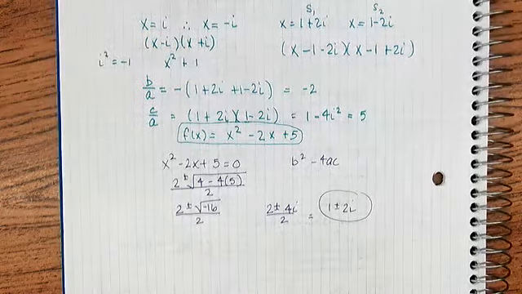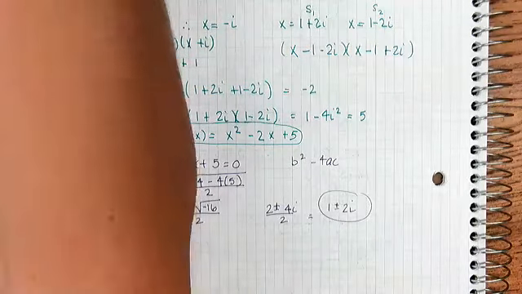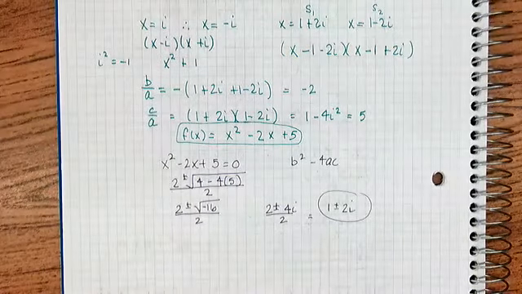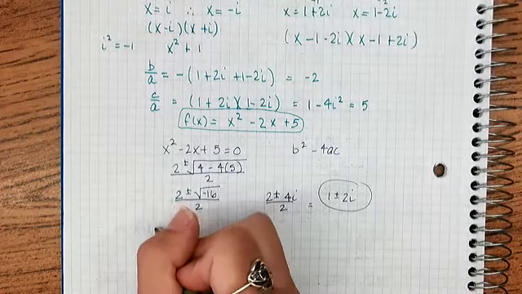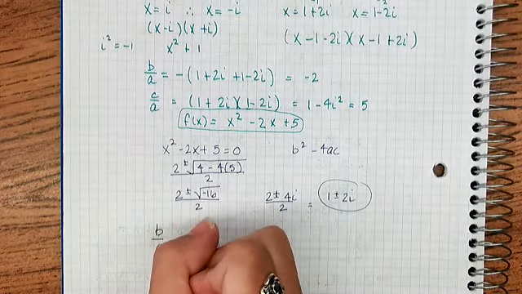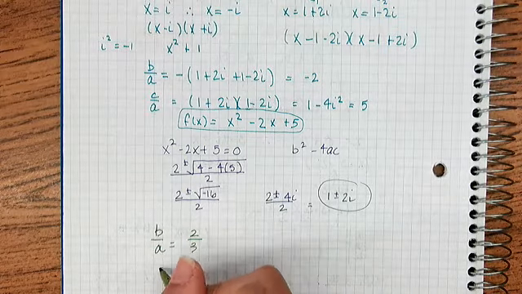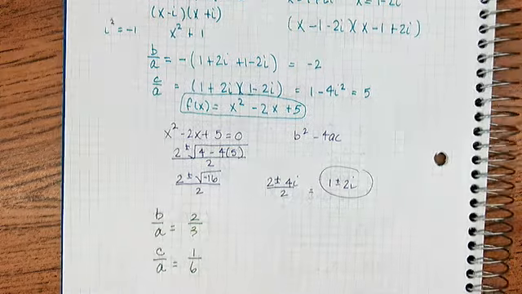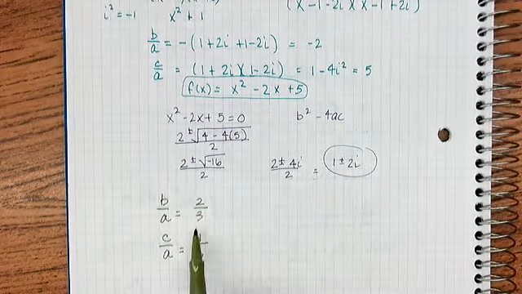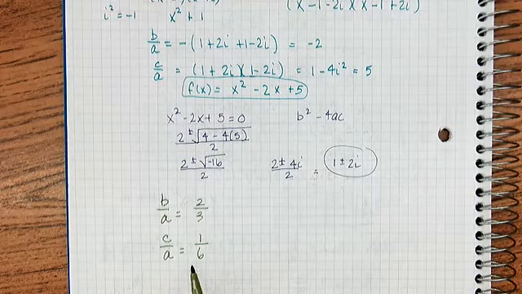If you choose to use b over a, c over a, let me just do one final thought on that. Let's say you're doing b over a, c over a, and you end up with b over a equals, let's just say 2/3, and I'm totally making this up. C over a is 1/6. Clearly, a is different. A can't be 3 as well as 6.